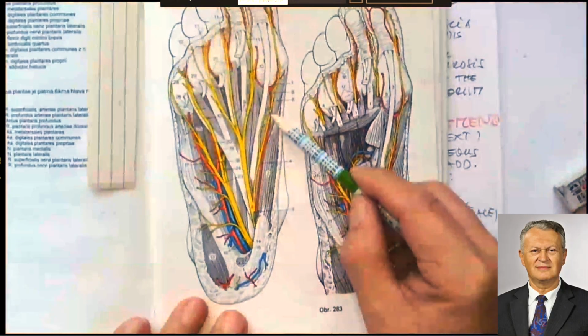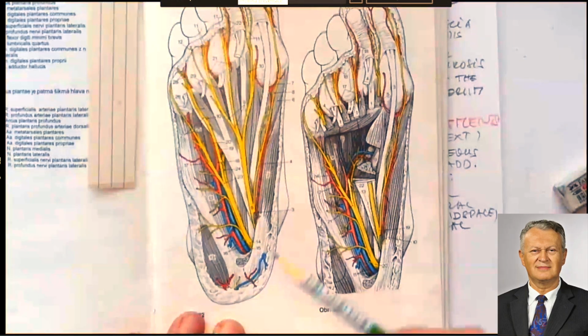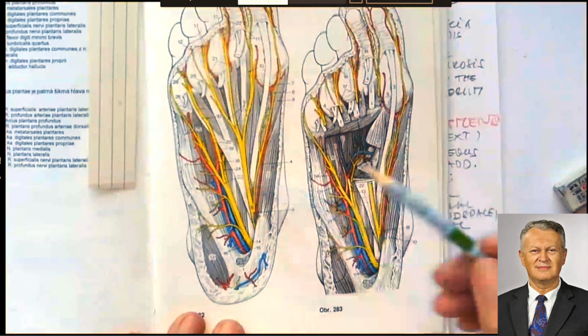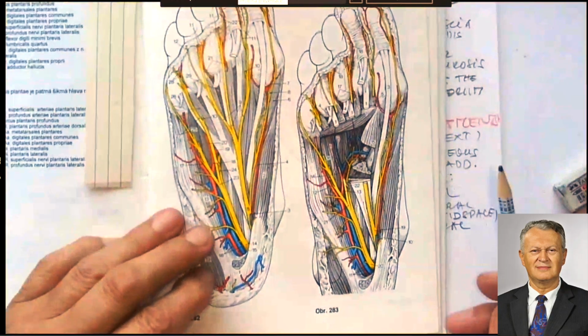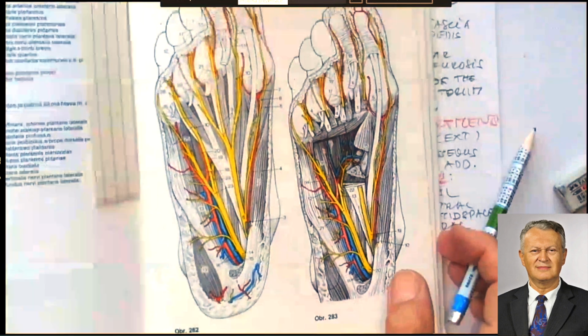We see again the medial plantar, lateral plantar, of course, artery plus veins, and the same medial plantar, lateral plantar nerve. You see here the arches on both sides.